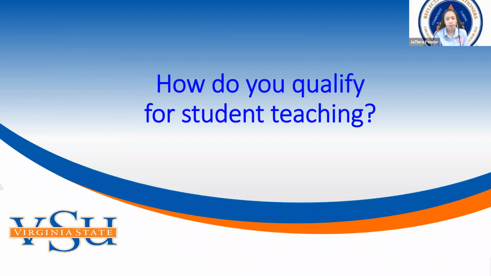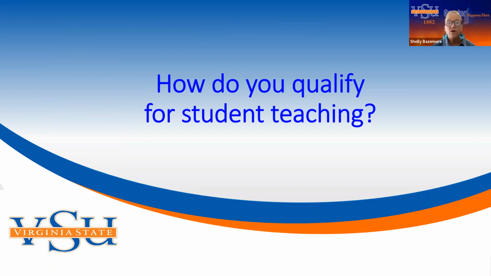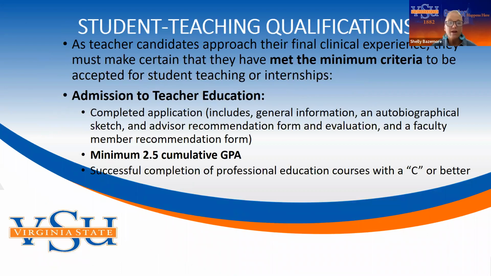How do I qualify? Well, first of all, you're going to start with an application, but you do have to meet certain criteria before you can even get into student teaching. So let's begin with the admission process, the application.